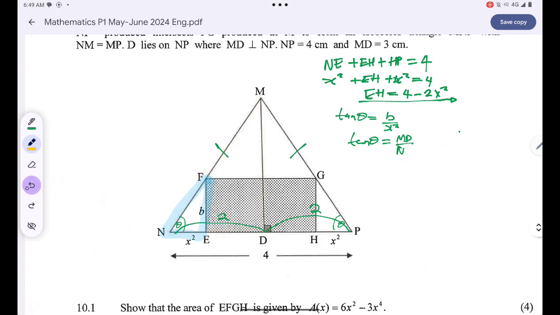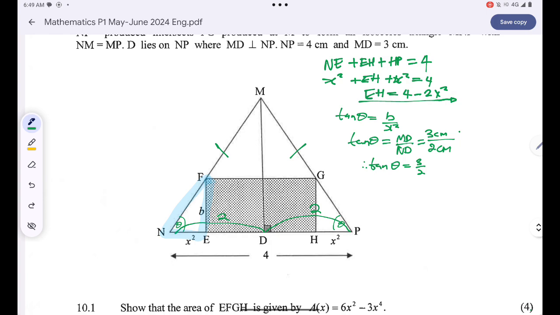So this simply means that tan theta can also be equal to, since I know MD is 3 centimeters and ND is equal to 2 centimeters, tan theta is equal to 3 over 2.